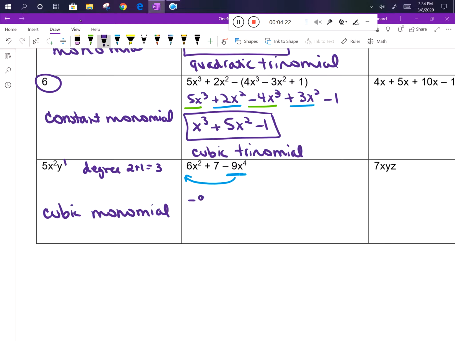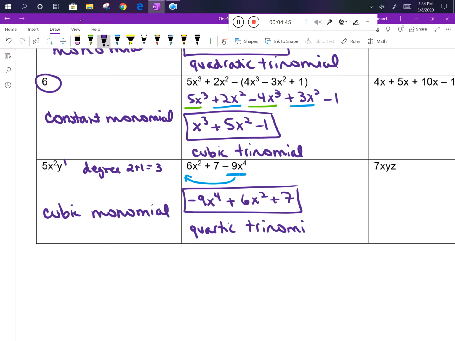So I have negative 9x to the 4th and positive 6x squared and then positive 7. It doesn't really get much simpler than the way it was in the beginning. It's really just been put in order. Notice the highest power is 4, and we call things with a degree of 4 quartic. So this is a quartic trinomial because the highest degree is 4 and it has 3 terms.